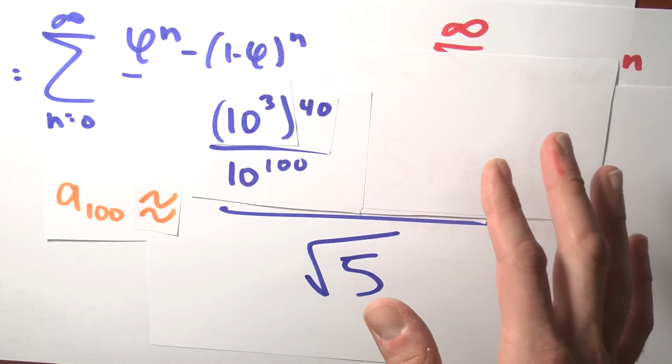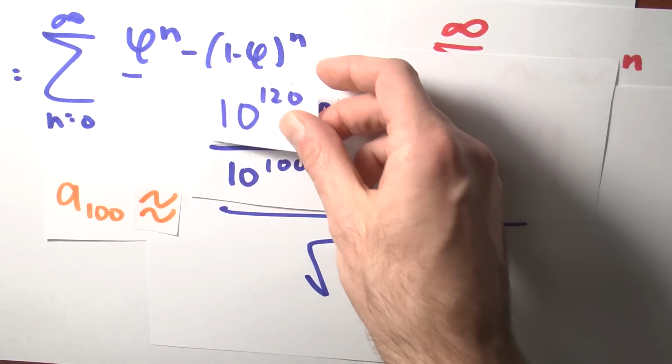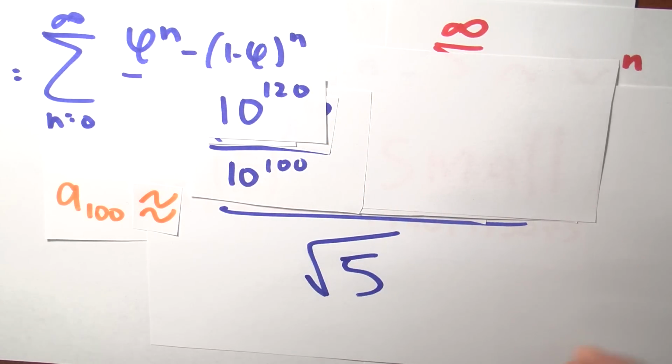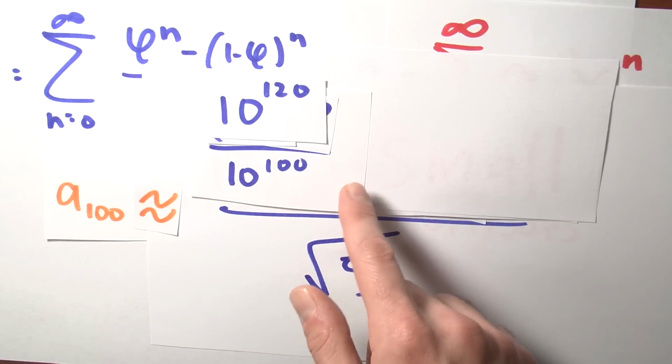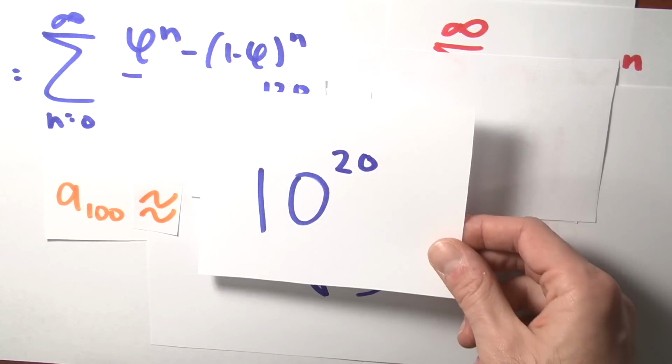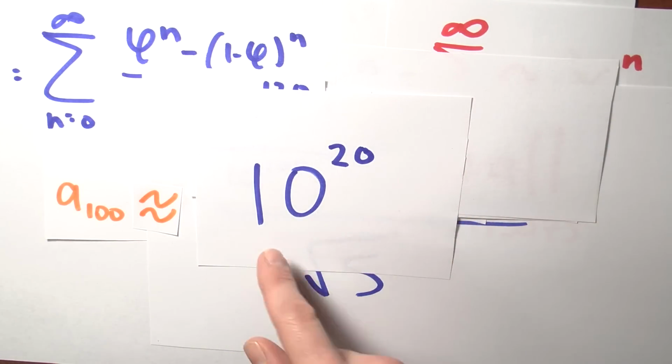It's about 1,000. But 10 to the 3rd to the 40th, well, that's 10 to the 120th. So altogether, the 100th Fibonacci number is about 10 to the 120th power divided by 10 to the 100th power, and altogether then, I can guess that the 100th Fibonacci number is about 10 to the 20th.